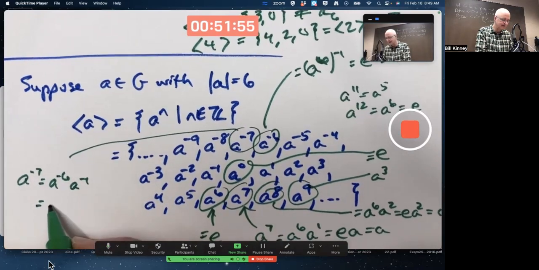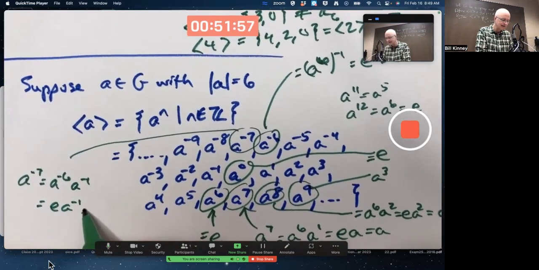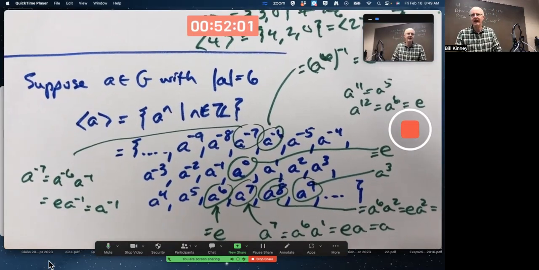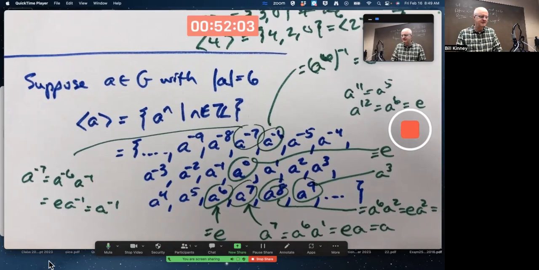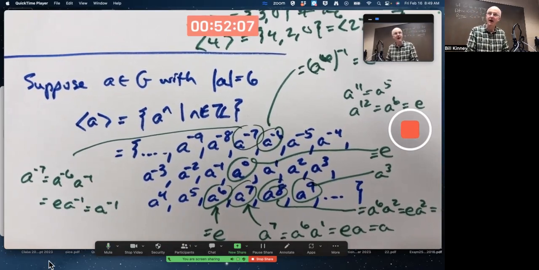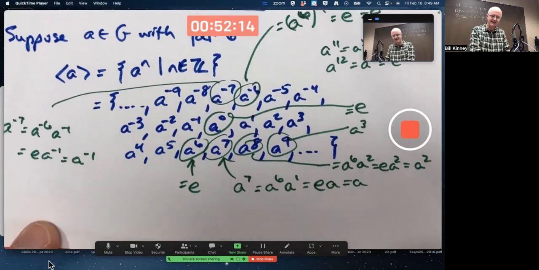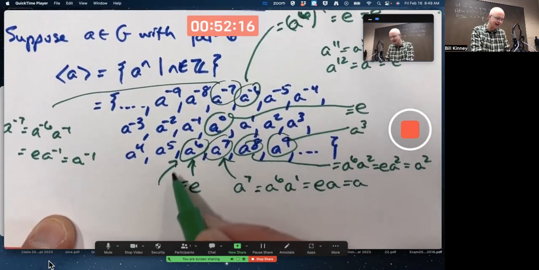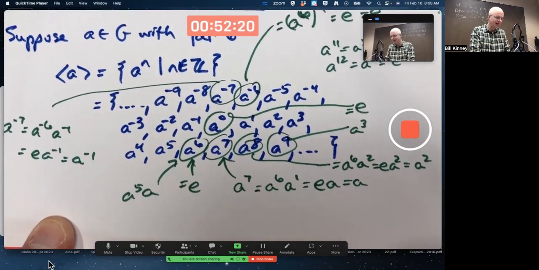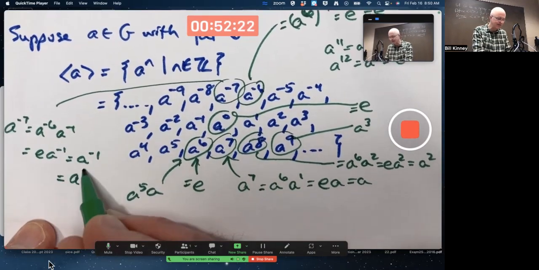But we saw A to the negative 6 power is E. This is the inverse of A. Something else important that I haven't mentioned is that the inverse of A can be written as a positive power of A. It's A to the fifth. Why? Because A to the sixth equals E, and A to the sixth is A to the fifth times A. Therefore, A inverse equals A to the fifth.